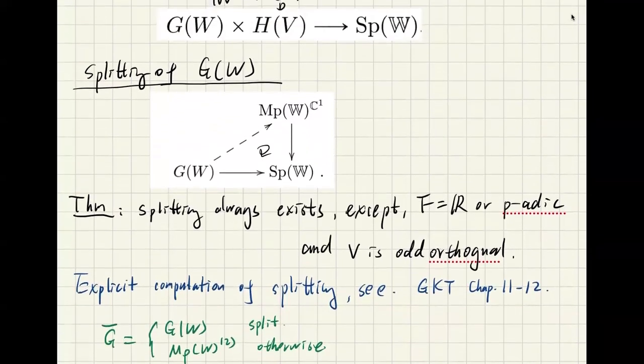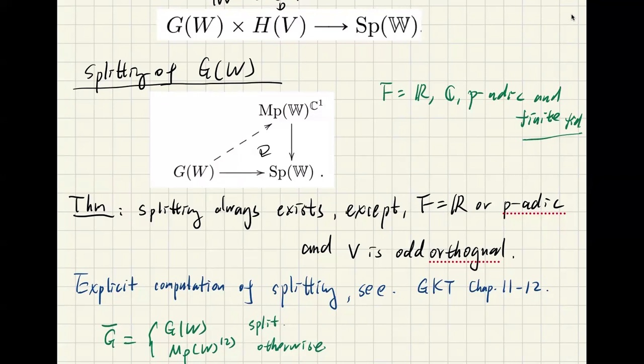So the answer is that the splitting always exists except for the following two cases. Okay, so I assume that F is R, C, p-adic, or finite field. So for finite field, the splitting always exists. Actually, for the finite field case, you don't need the metaplectic group to define the wave representation.